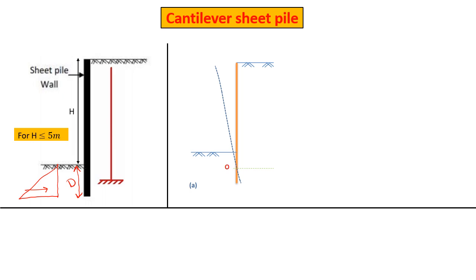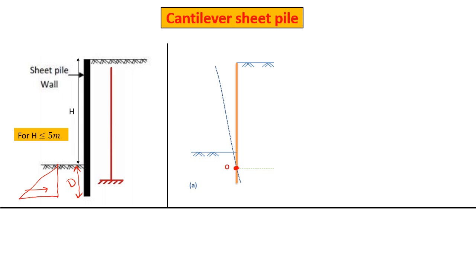Under loading, when you have done your excavation and there is some live load on the top surface, this will be your deformed shape. The sheet pile will rotate around a point here, which is called point of rotation, and this will be your deformed shape.